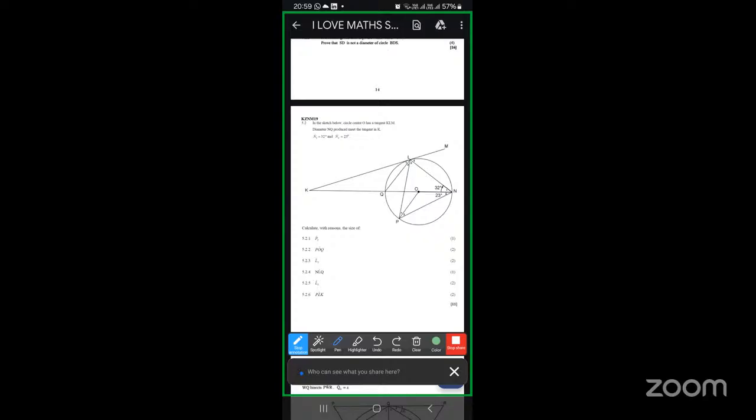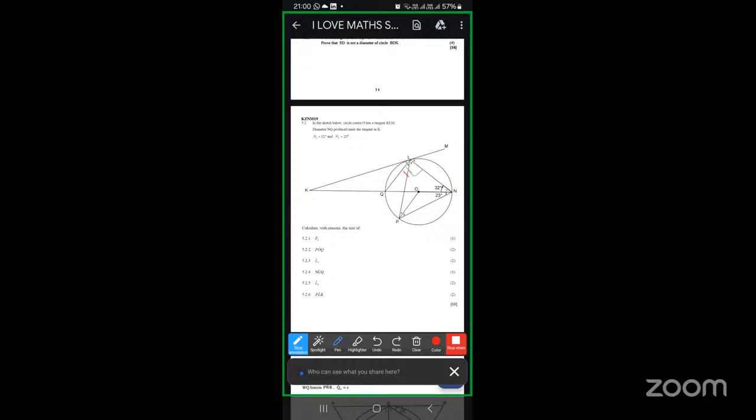Then 5.2.5 is saying, look for the size of angle L3. L3 is right there. Remember, we found this angle is 90 degrees, and then we found this angle here, then you can just say 90 minus L2, and we are definitely going to be left with L3.